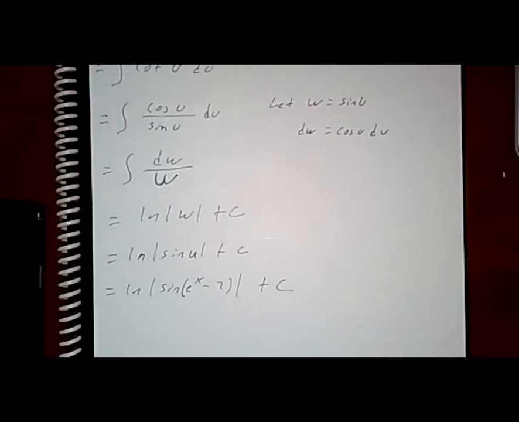ln. Okay, let's see. Any question on this one?